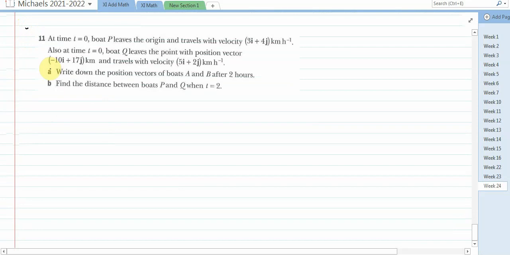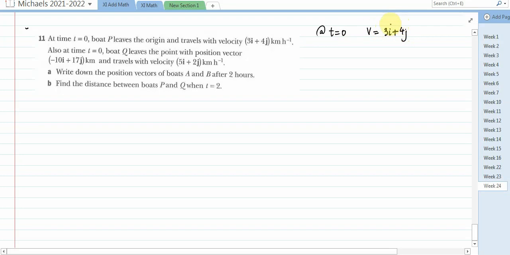At time t equals 0, boat P leaves the origin and travels with a velocity of 3i plus 4j. So you know that at time equals 0, the velocity we have is 3i plus 4j.